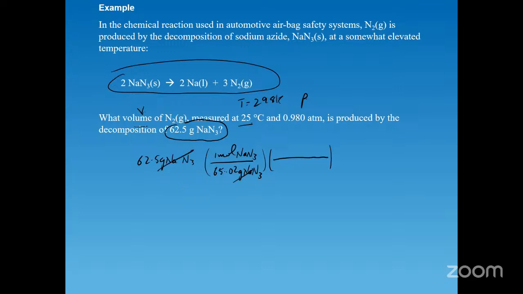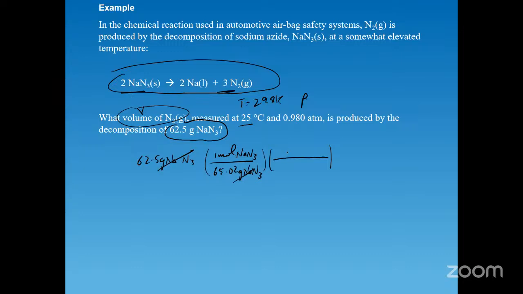So the next step in solving this problem is that I will look at the mole ratio between the sodium azide and the nitrogen, because the question is asking ultimately for the volume of nitrogen. So you'll be able to determine the moles of nitrogen based on the mole ratio between the nitrogen and the sodium azide as described in this equation, right?